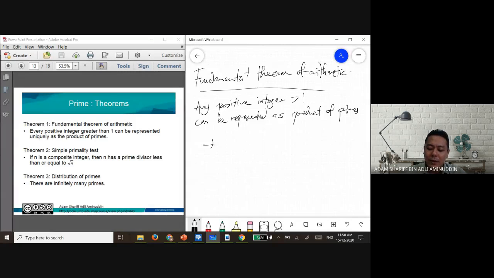So, in other words, let A be a positive integer and A must be larger than 1, this A can be represented as a product of primes. Katakan P1 times P2 times until Pn, a finite number of n, where each P is prime.